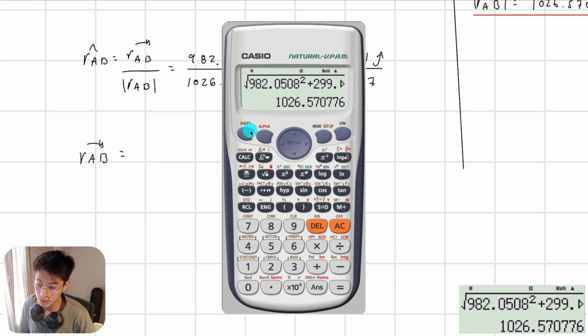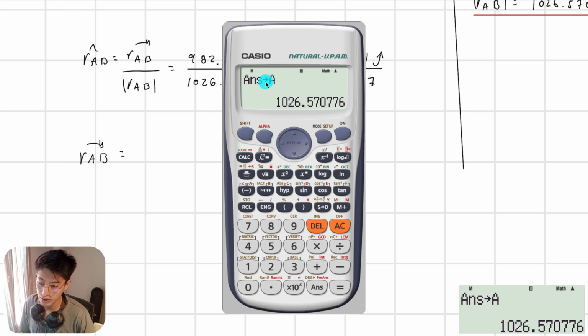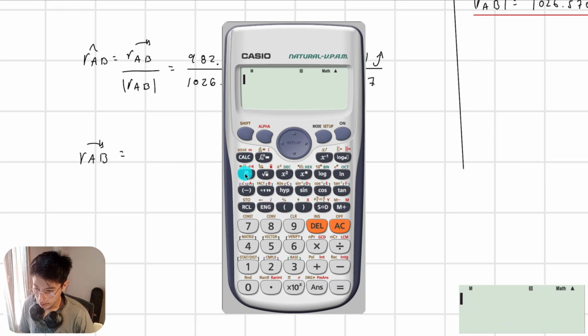So all I have to do is press Shift, Storage, right here, and I'm going to save it, for example, on the space A. Right? Answer has been saved within A. So when I look for A, it is going to show me this value.